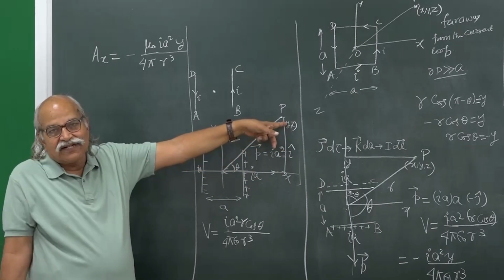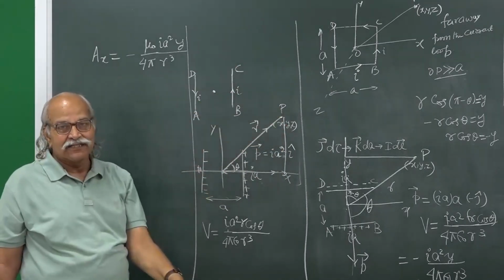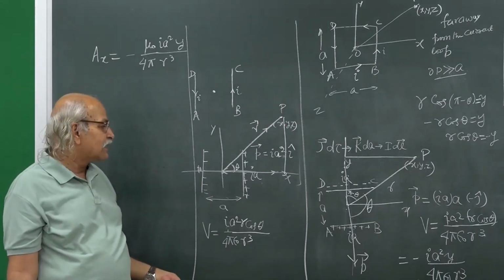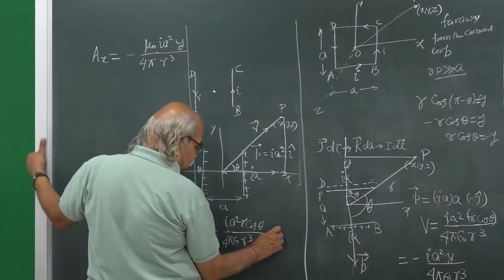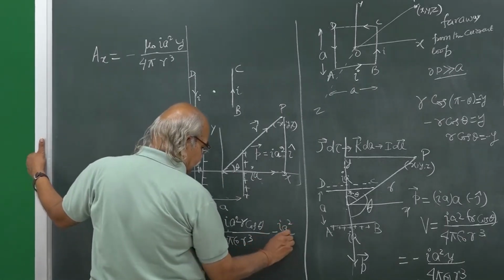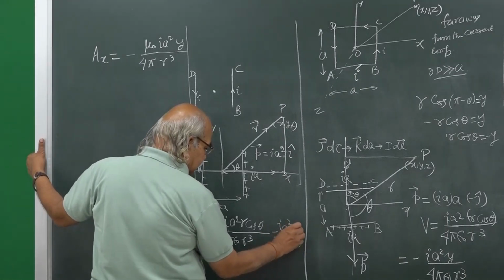That is how the x coordinate is defined. Drop the perpendicular on the x axis and see where is the foot of perpendicular from the origin. So, that is x. So, this r cos theta is just x, and hence you can write this as I A square divided by 4 pi epsilon naught r cube and then x here.